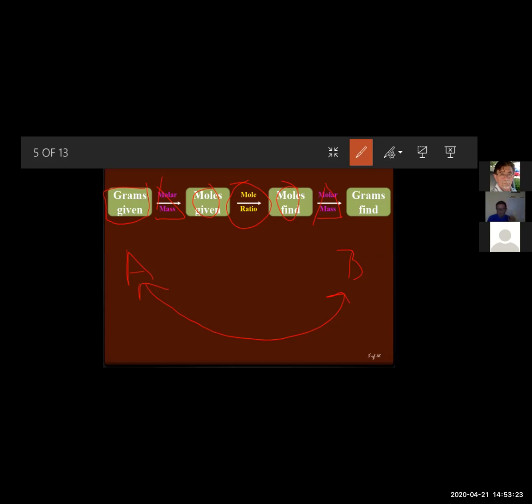Molar mass has the units of grams per mole. It's another ratio. So basically, if we have grams of what we're given and divide by molar mass, we get moles of what we're given. And then once we have moles of what we're looking for, when we multiply by the molar mass, we get grams, okay?